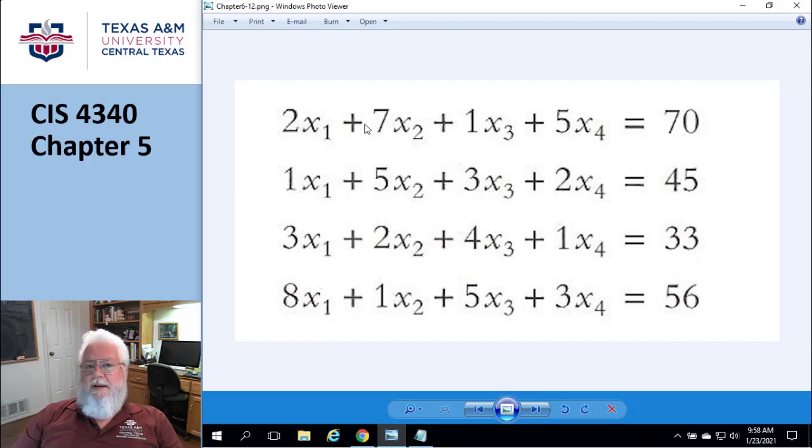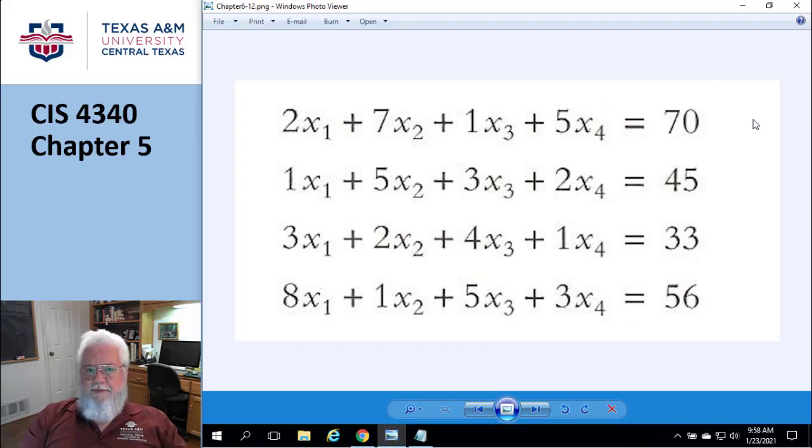I add minus 7x2 to this side of the equation and that side. Well, that strikes this guy out. Boop, he's gone. And then I do a minus 1x3 on this side and that side. Boop, he's gone. And then I end up with 2x1, and I want to divide by 2. So x1 is equal to 70 divided by 2. Okay? That's how you would do the first substitution. And then you would do that over again until you got all of the things substituted.